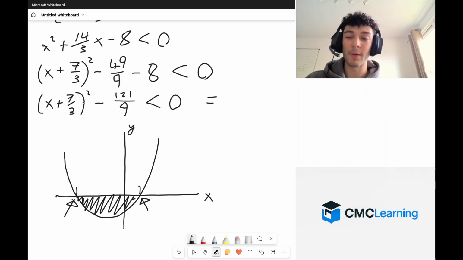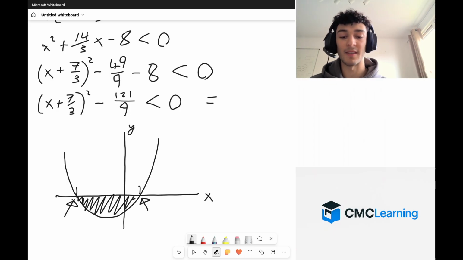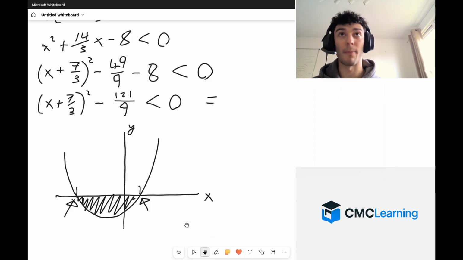If we're doing that by completing the square, the process isn't too tricky. We just need to say when the polynomial is equal to 0.